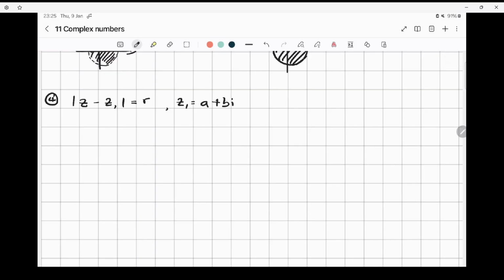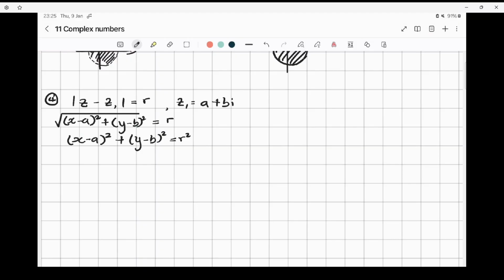So if that's the case, when you expand everything out, by definition, this will be the square root of x minus a, the whole thing squared, plus y minus b, the whole thing squared, equals to r. So you have x minus a squared plus y minus b squared equals to r squared. So this is basically the equation of a circle with your radius r and center at (a, b).